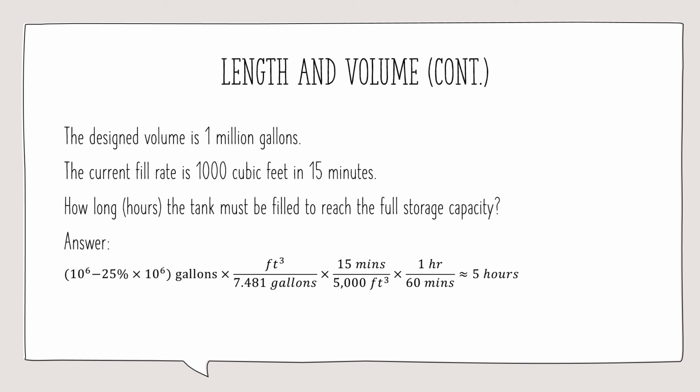Then we need to convert minutes to hours, so we divide by 60 minutes. And we can see gallons cancel out, cubic feet cancel out, minutes cancel out, and then we have the hours in the end. I got around 5 hours to fill the tank.